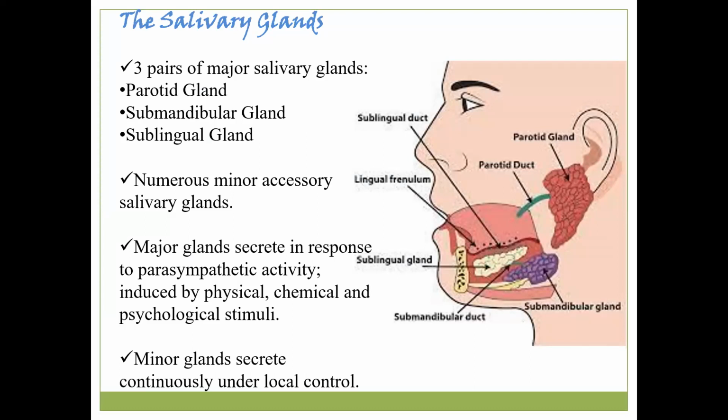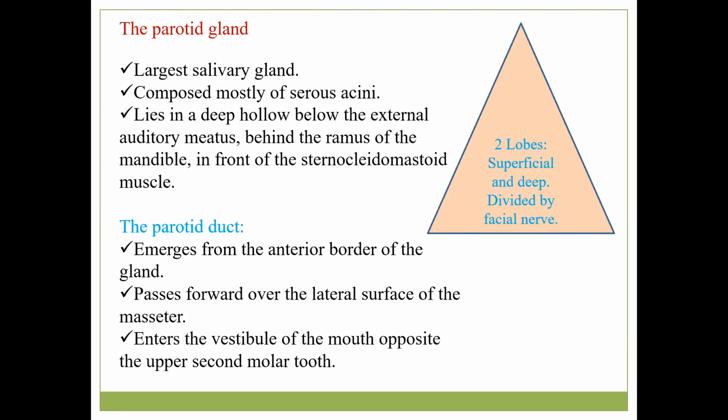They secrete saliva in response to parasympathetic activity. So salivary secretion can be induced by physical, chemical, or even psychological stimuli. But minor salivary glands secrete saliva continuously under local control and they keep the mouth moist.